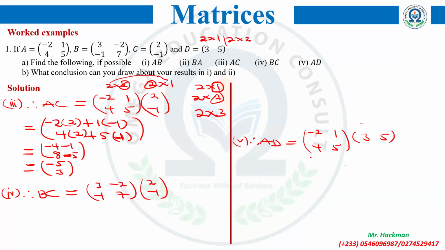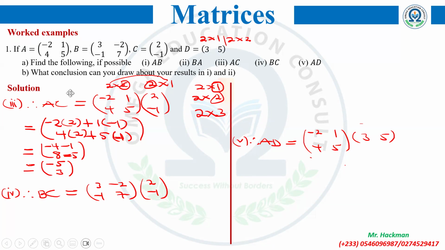All correct. Okay, Prof. Frank. Please, if it's AC, then why is the 2 by 1 written first instead of the 2 by 2? Which one? What you wrote at the top there, the 2 by 1. No, this one, what I wrote here. This is not AC.